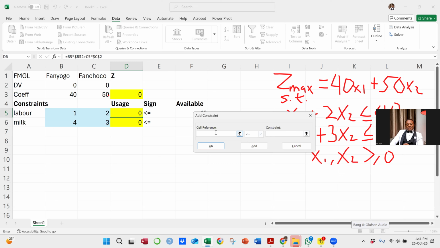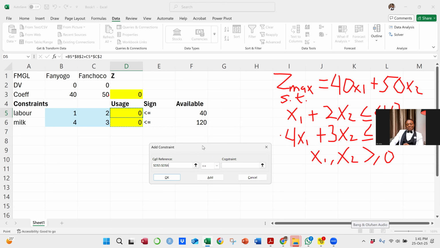Under the cell reference, pick the values under the usage, all of them. Click on the first one and drag it to the next one. The symbol is already less than or equal to, so you don't need to change it. Then under the constraint, click on the first one, which is the 40, and drag it to the 120. When you are done, you click OK.